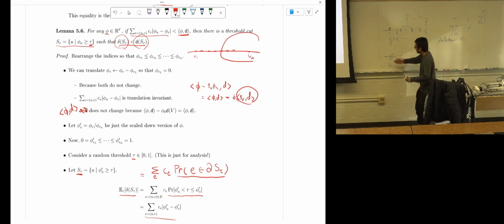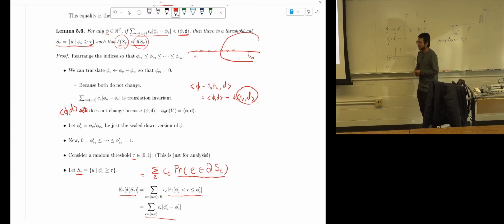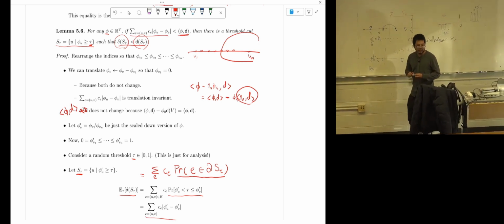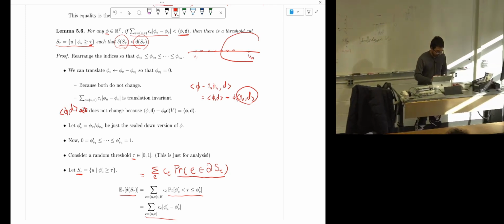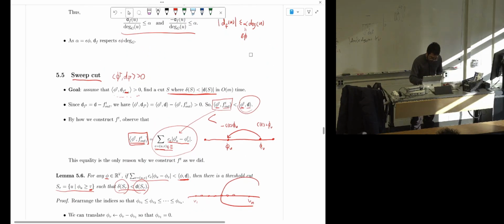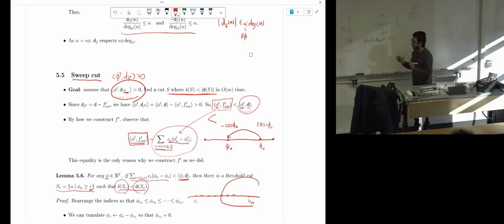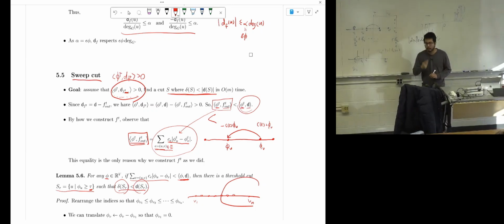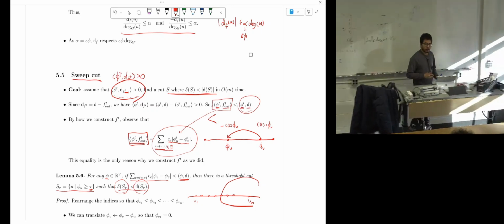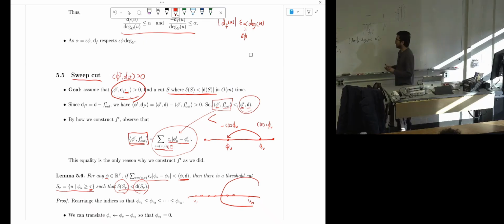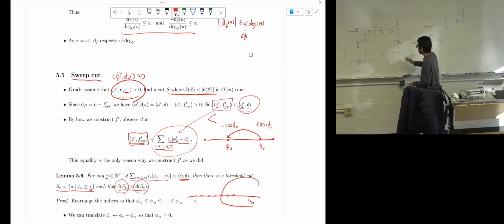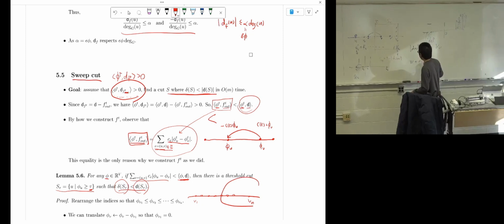So you really can compute all these cut sizes in time the sum of the total degree, which is linear in m. So that's it, you see how to do it now. Whenever this happens, you can get a violating cut in linear time. Linear, m to sweep, but n log n to sort.